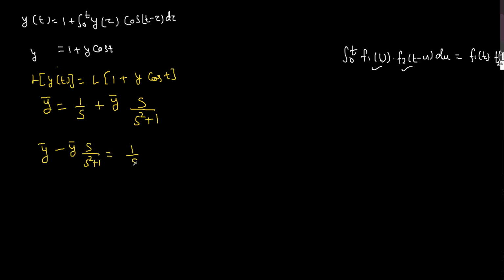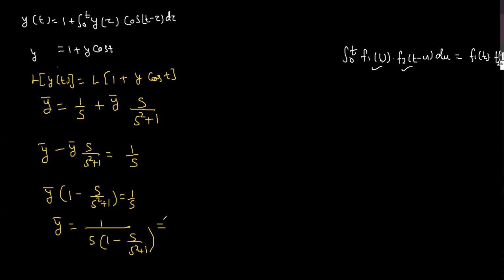On taking common, you will get y bar is equal to 1 upon s square plus 1. Right? So y bar is equal to, after simplification, s square plus 1 minus s. Right? Yes.